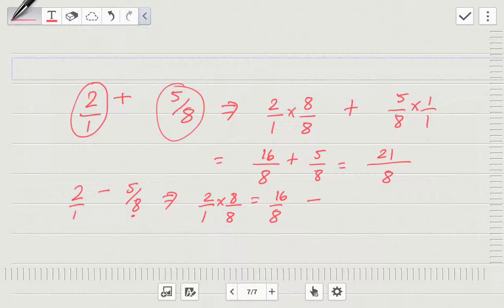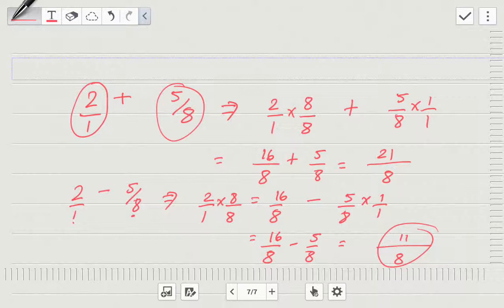We have minus. Here the strategic choice is 1 divided by 1 because there is a denominator of 1. So we have 16 divided by 8 minus 5 divided by 8, which is same as saying 16 minus 5. The bottom stays 8. 16 minus 5 is 11. So our answer is 11 by 8.